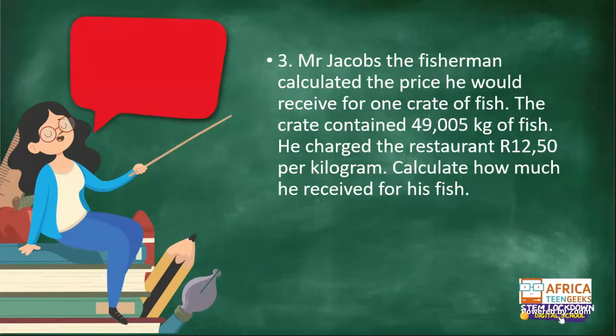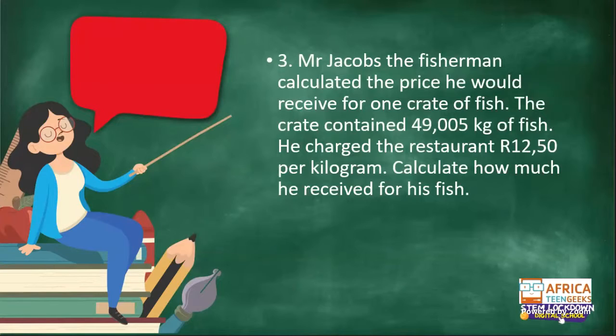I times 12 rand 50 cents times 49.005 kg. Exactly. So you times 12 rands and 50 cents times 49,005 kg. So that is the amount that you'll get.